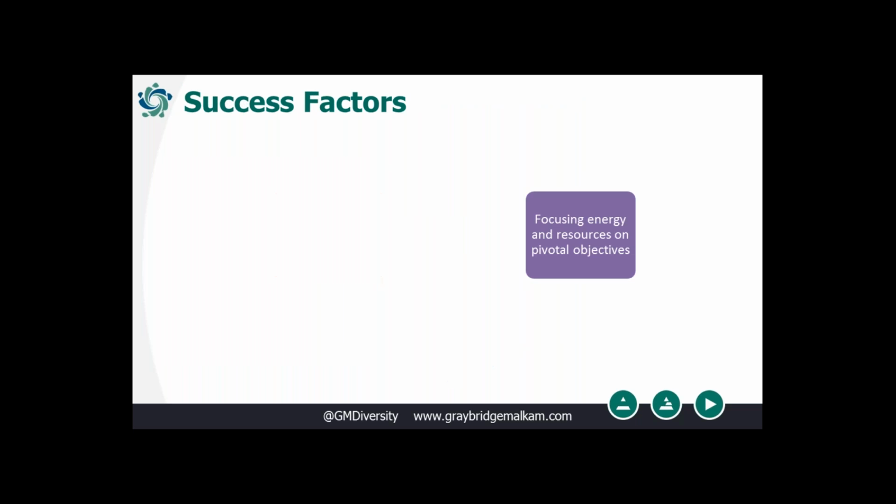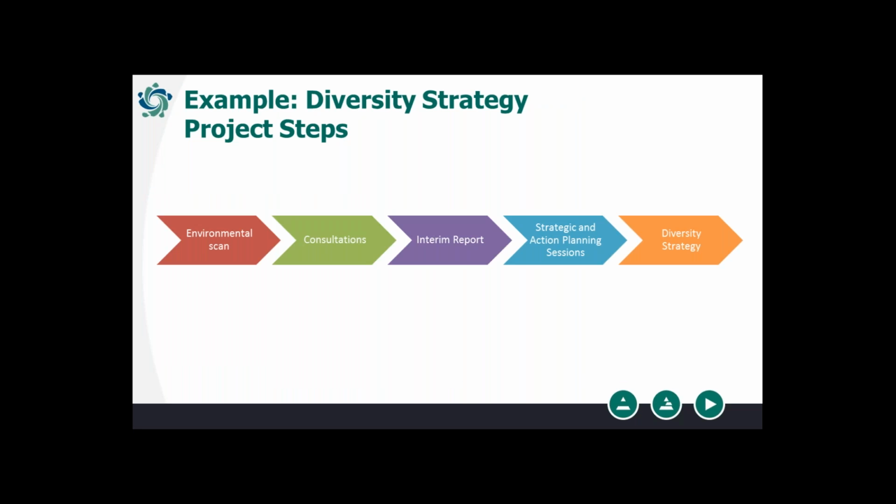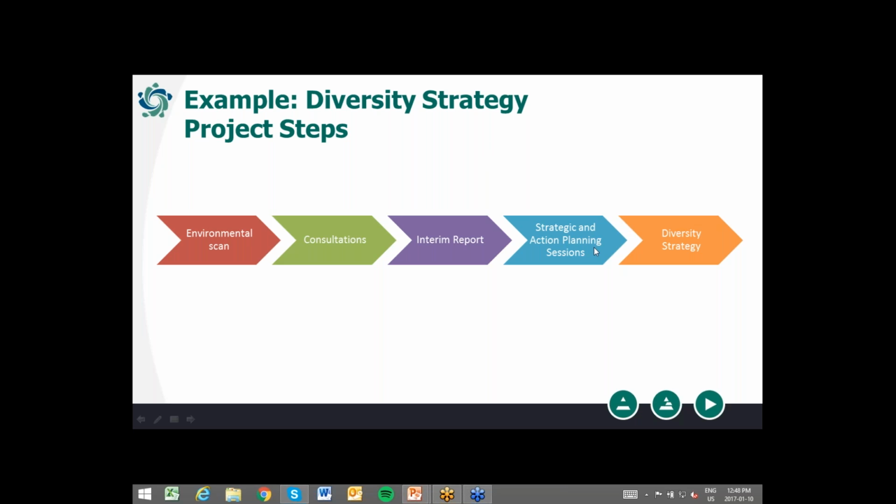The consultations may take a bit longer depending on getting people and how many we want to talk to and organizing focus groups. So let's say that takes 4 to 6 weeks. We develop the report, so we're probably a month and a half, 2 months in. And then having those sessions and going away and working on it.